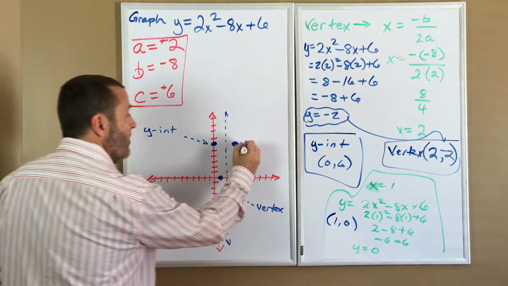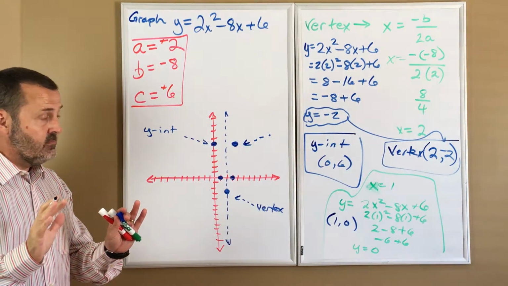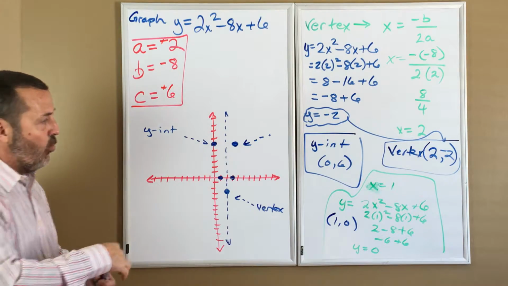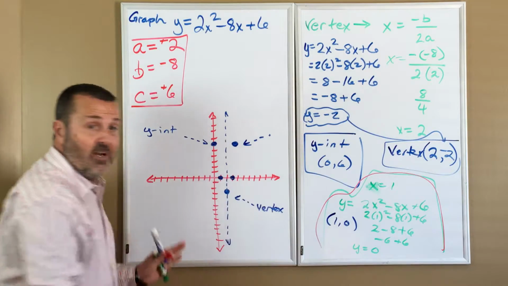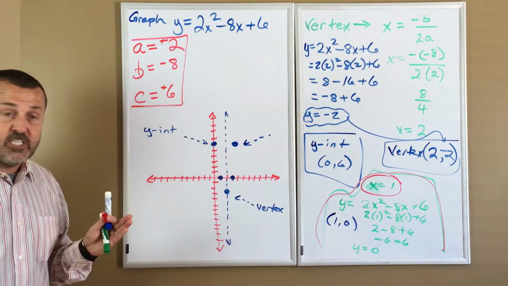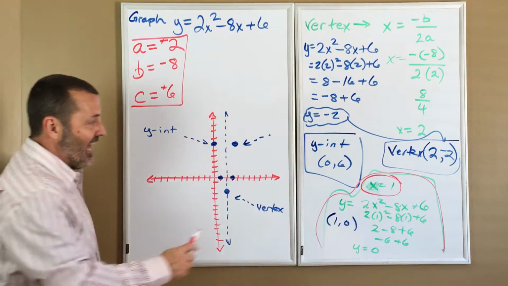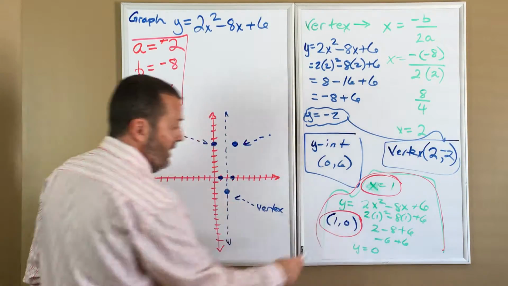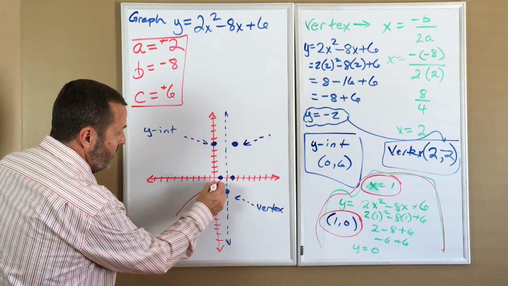So that is the y-intercept. What is this right here? That's the reflection of the y-intercept. And then we needed one more point. So I chose an easy value for x, 1. If I choose x as 1, I plug it into my function, I can find y, I find my last point. So there's my last point right there.